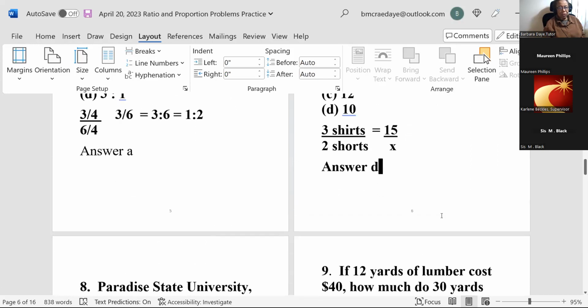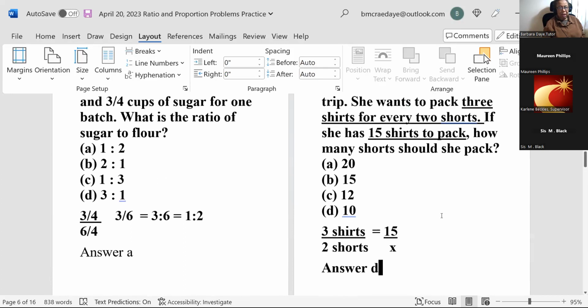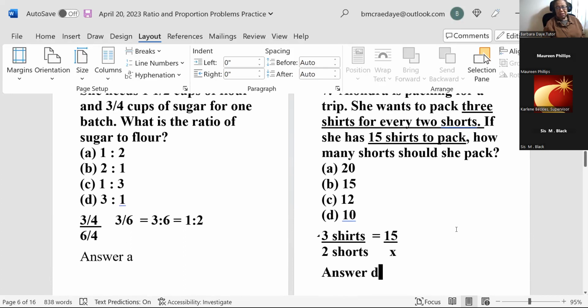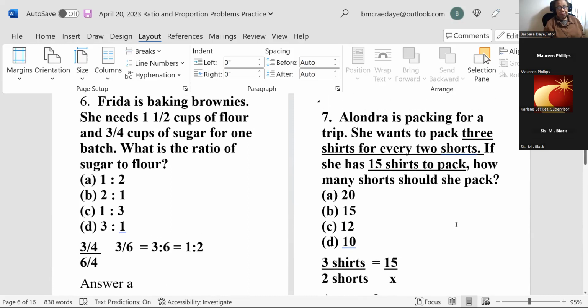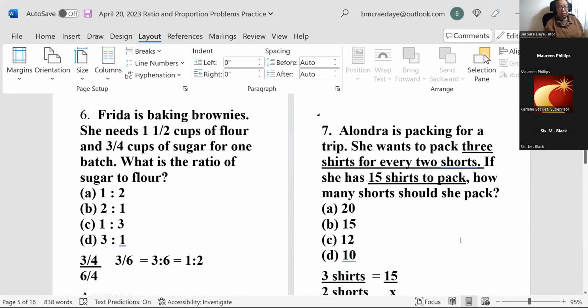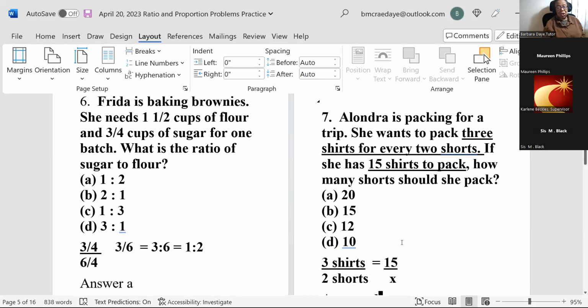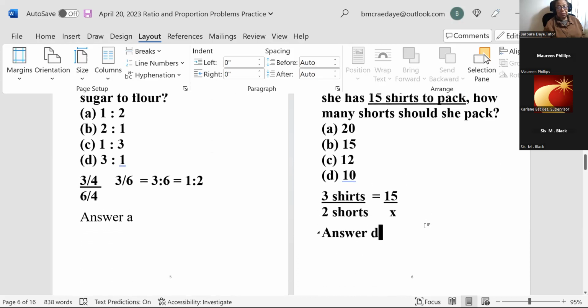Not everybody sees the answer like we see it. For a lot of ratio and proportion problems, sometimes you can see the relationship and just work the math through it, but sometimes you don't see that and you may have to set it up. That's why it's good to know the ratio proportion method.